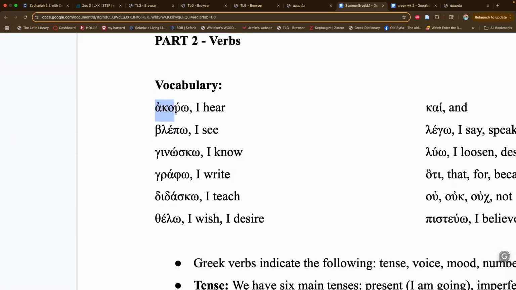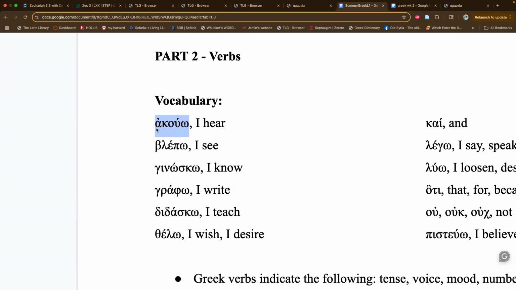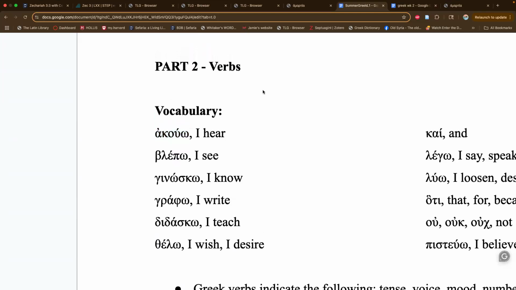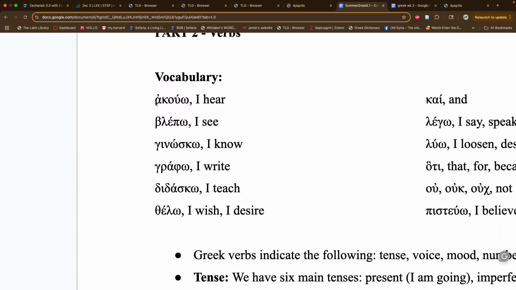And then if we look at the first one, just to note some features of it, you see that we have the alpha, with this, if we look back, the soft breathing mark, so this will just be ah. If it's the other way, it'll be ha. So we have akuo.